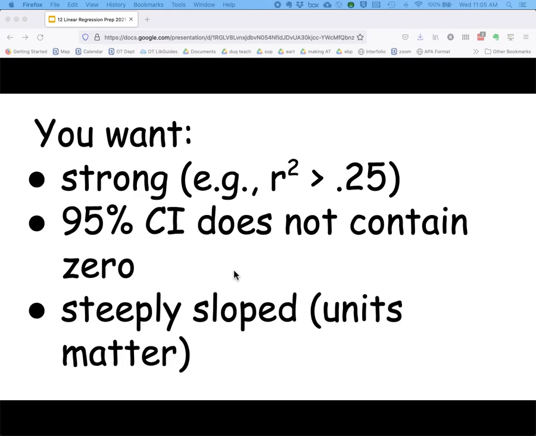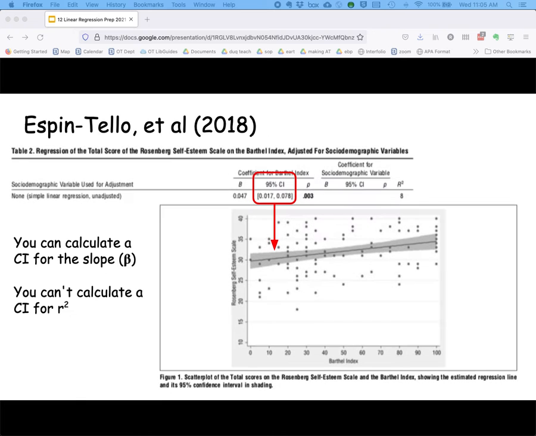The slope can be either a positive value, so the outcome variable increases as the input variable increases, or it can be negative, so that the outcome variable decreases as the predictor variable increases.